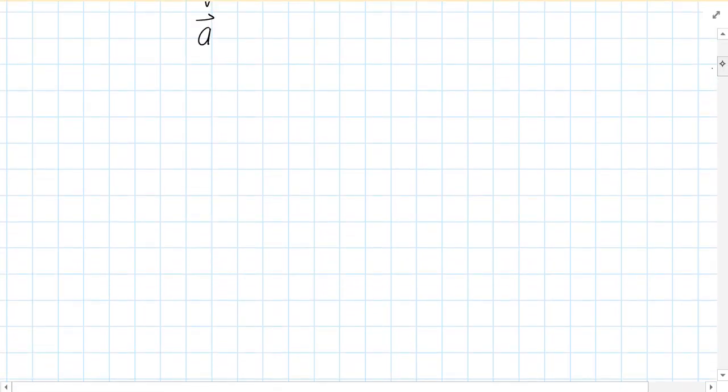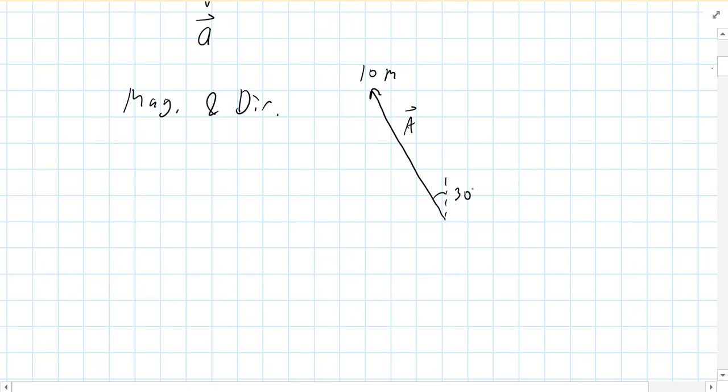One way you might remember is writing a magnitude and a direction. So for instance, let's say I drew a vector, it looks like this, and let's say it's a displacement vector. Let's say it's 10 meters. We'll call it vector A. And let's say the angle with the vertical that I've drawn here is 30 degrees.